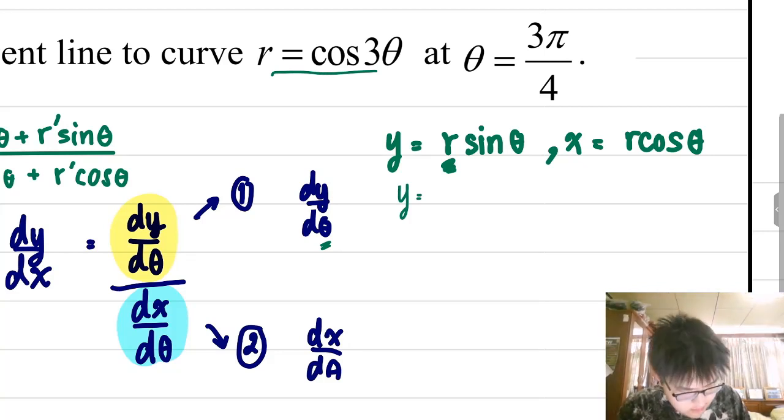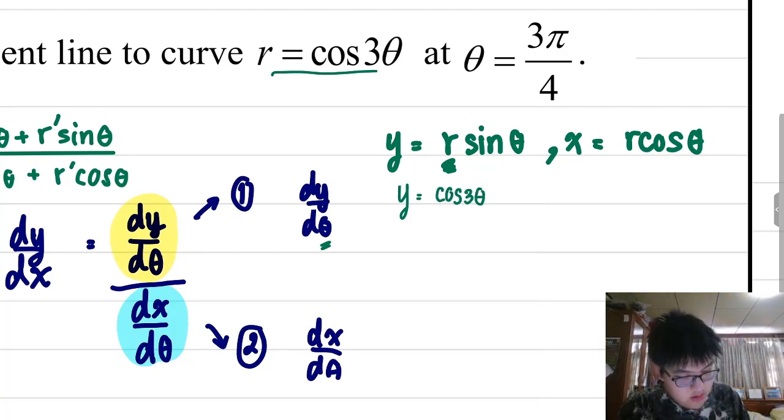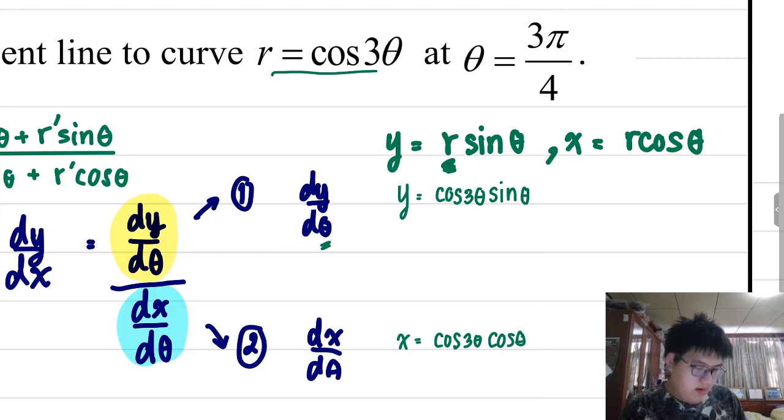You get y equals cosine 3 theta times sine theta, and x equals cosine 3 theta multiplied by cosine theta.